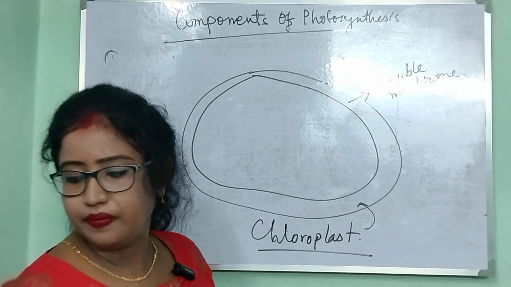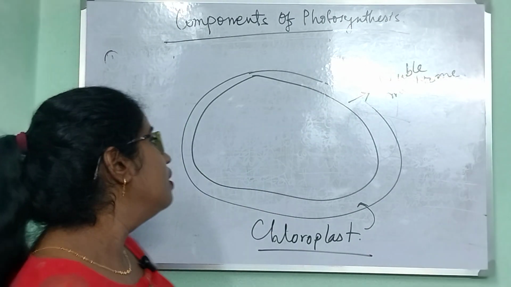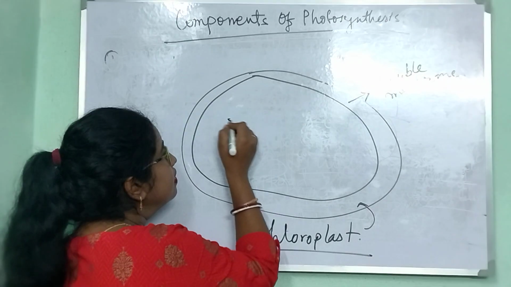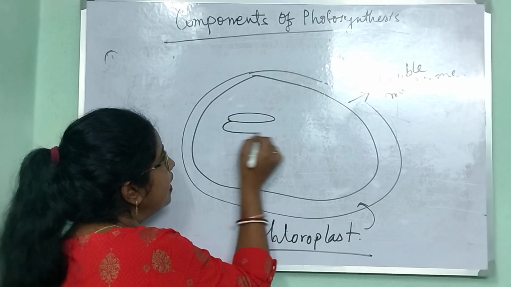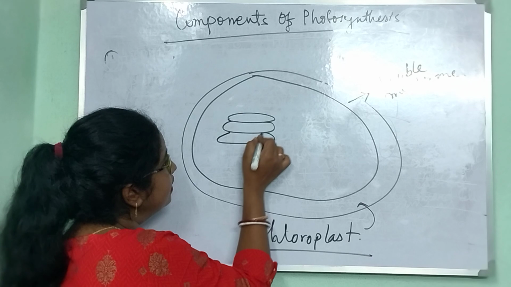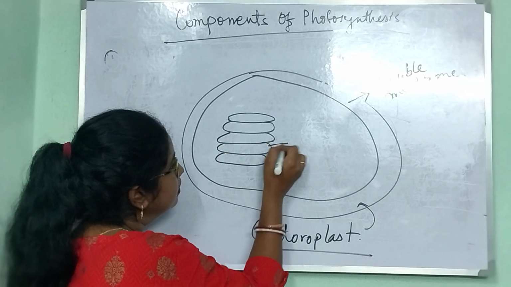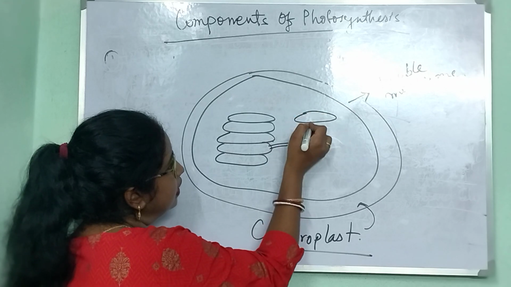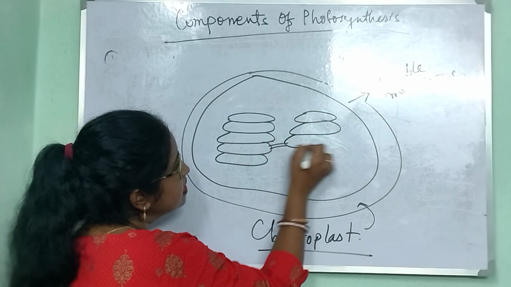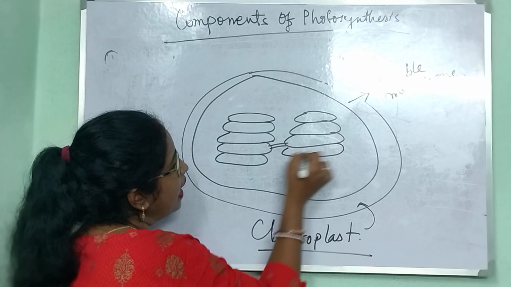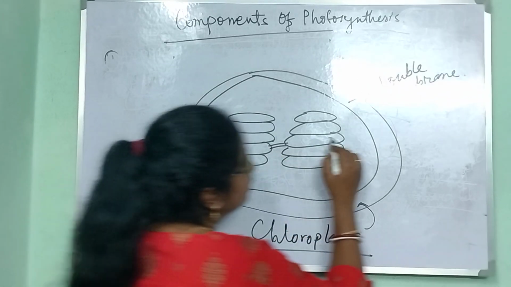In the chloroplast, we see some flattened sac-like structures. This flattened sac-like structure is known as thylakoid.